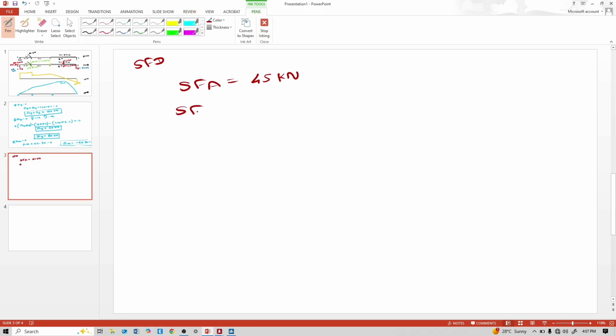So shear force at B towards left is similar, 45 kilonewton.